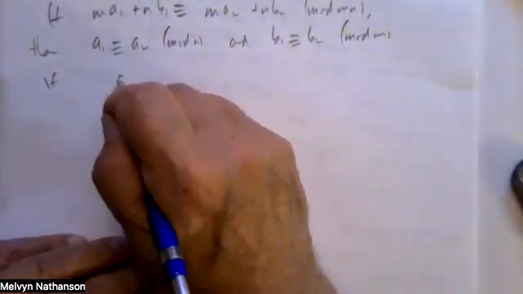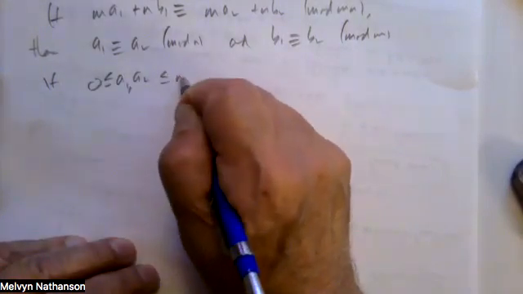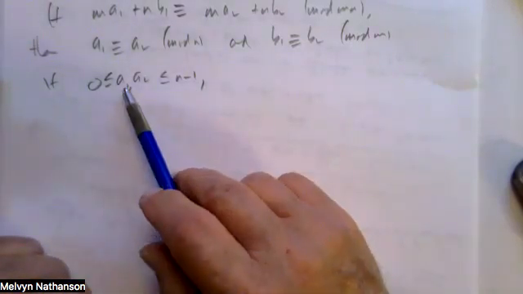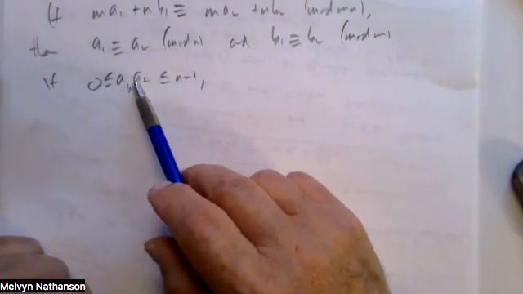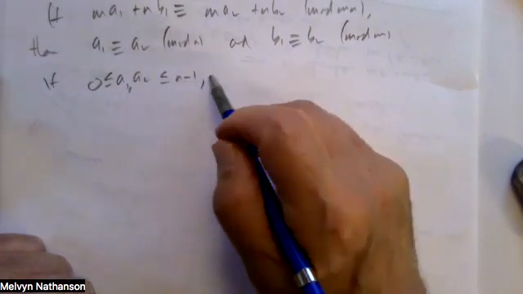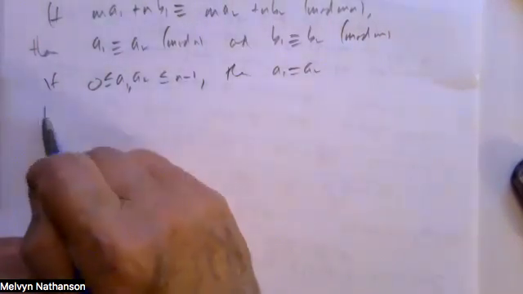But if, in addition, a1 and a2 are between 0 and n minus 1, the difference between two such numbers is only divisible by n if the numbers are the same. So a1 equals a2.